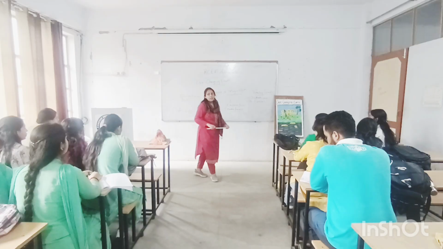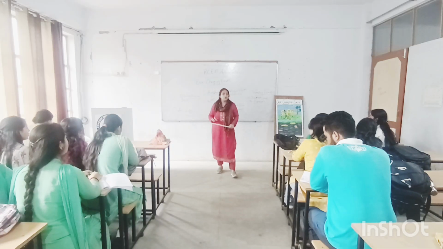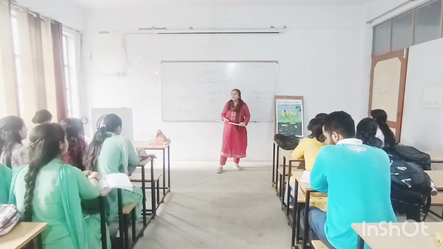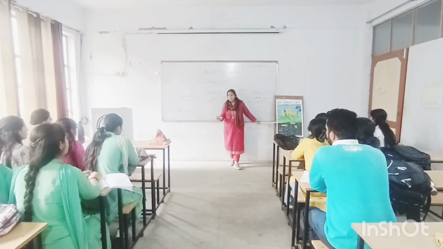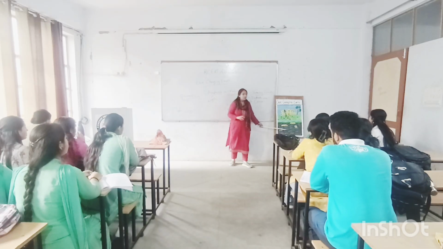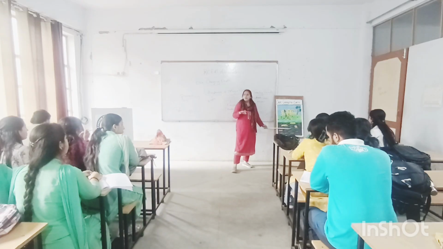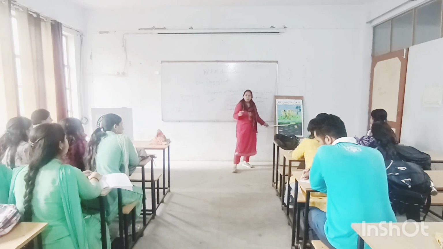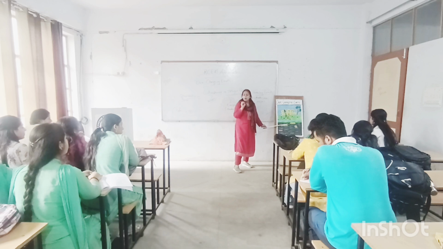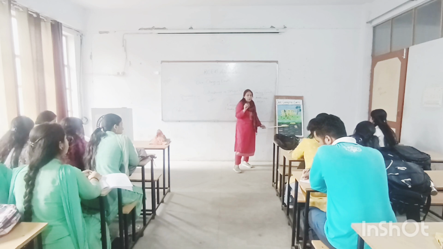As you saw in the last monsoon, we had flood-like conditions in Jammu also. In some areas the water comes out above the dangerous level and damages the houses, buildings, and many other things.